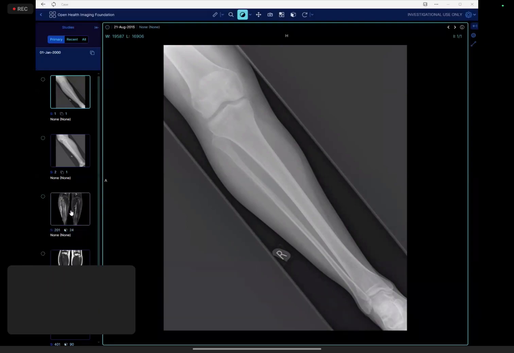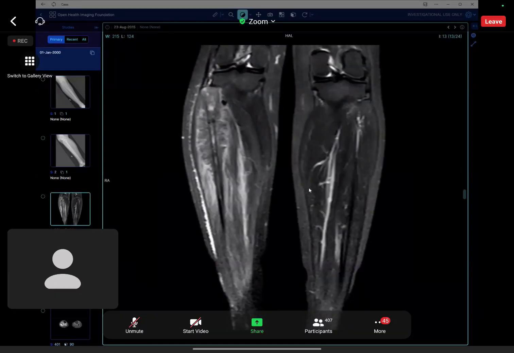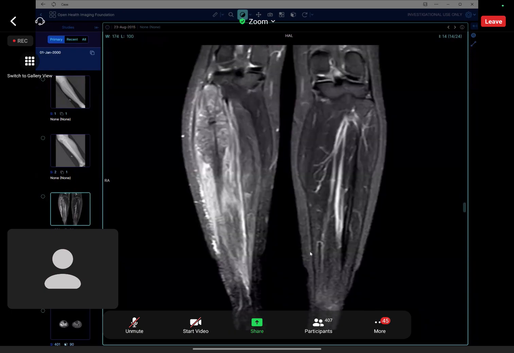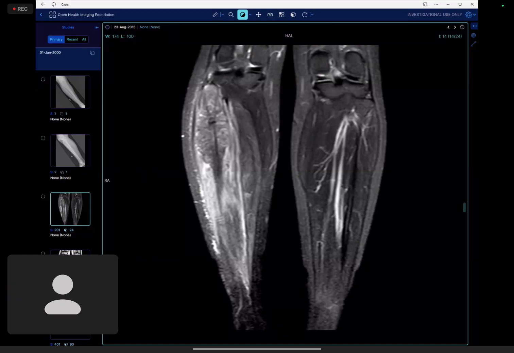Okay, so you wanted an MR scan? I'm presented with a fluid-sensitive, fat-saturated image with, I believe, contrast, and there is significant edema and high signal surrounding the fibula, involving the soft tissue and likely the entire fibula in this image.